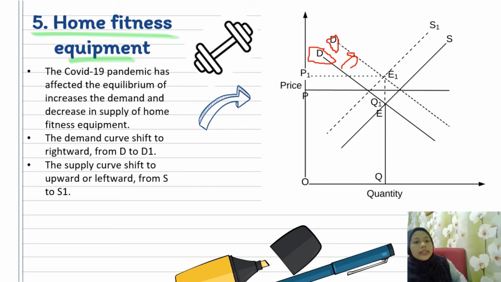In contrast, the cost of production also increases. That's why it affects the supply of home fitness equipment, shifting it to the left. That means the supply is related to the cost of production. That's why the supply curve shifts to the left, because of the increase in production cost.